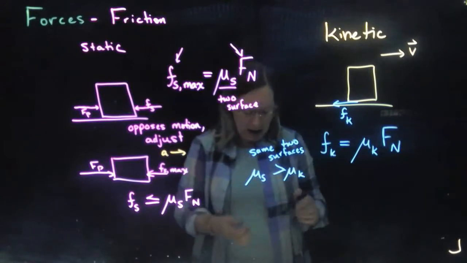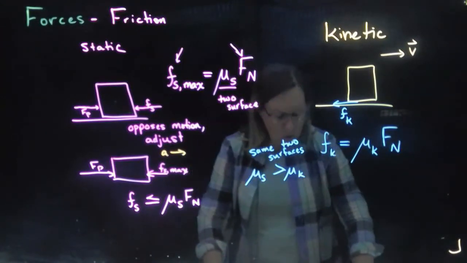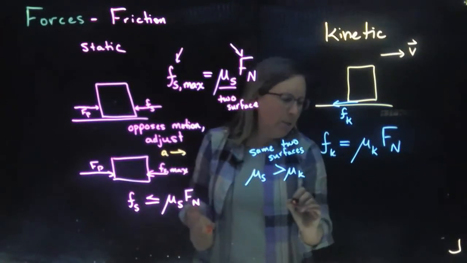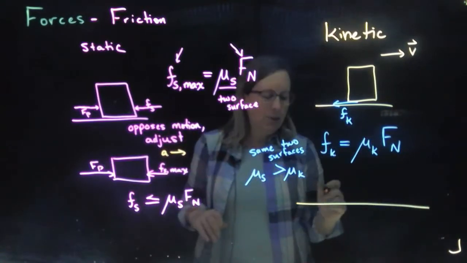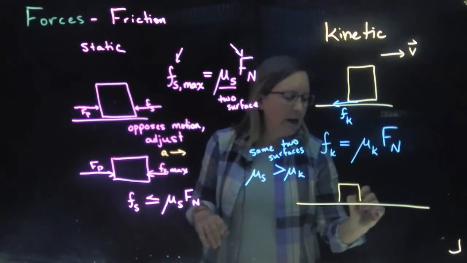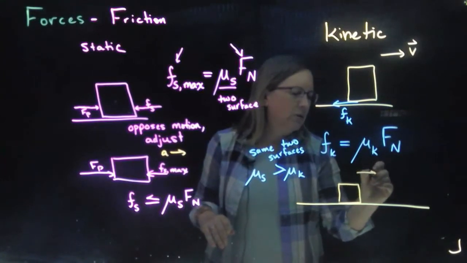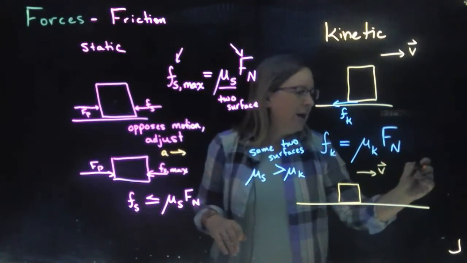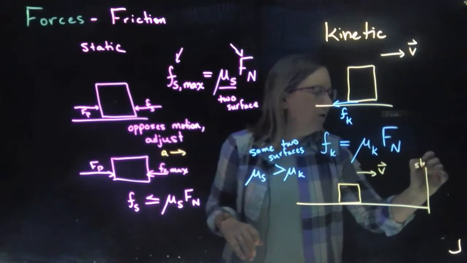So if we look at a very simple case where we have a block that was pushed at some point in the past, and it's just slowing down. It's going in that direction, that's the direction of v, and maybe it comes to a stop right here.